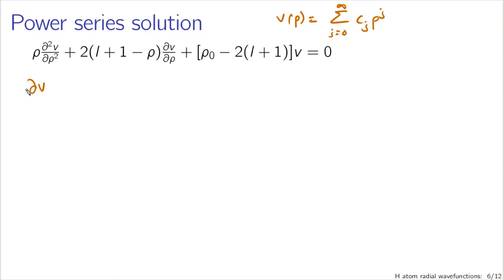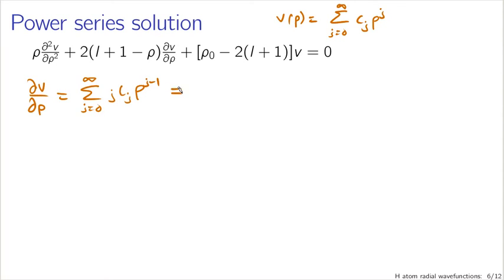The partial derivative of v with respect to rho, using this power series representation, is going to be given by the sum from j equals 0 to infinity of j, c sub j, rho to the j minus 1. If you're confused about how this happens, think about expanding this sum out. Actually write out the first few terms of this sum and take their derivatives, and you'll see that this works.